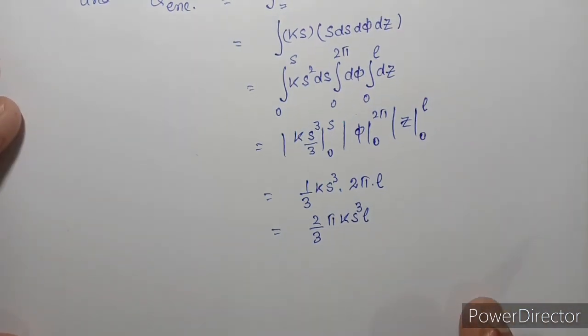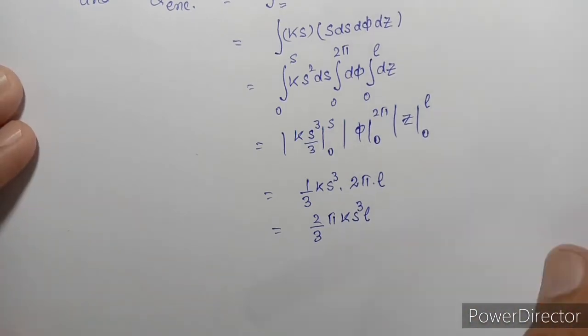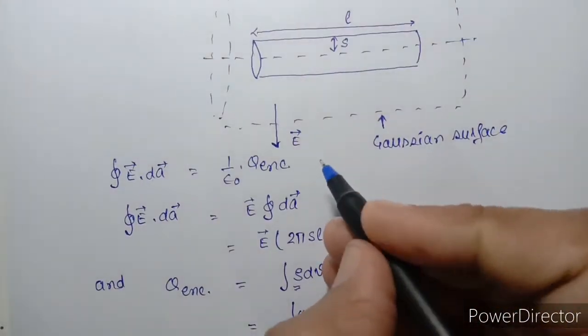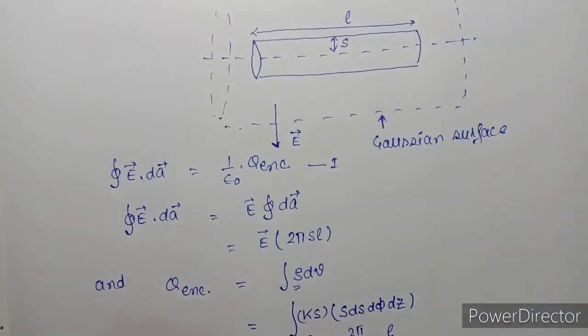Now substitute this value in the basic equation, that is equation number 1, substituting the values of E dot dA and the total charge enclosed.